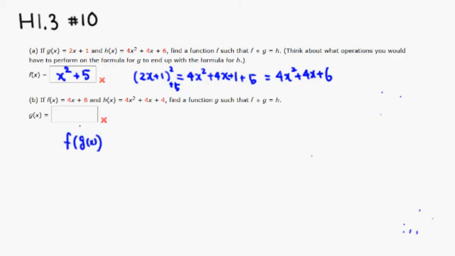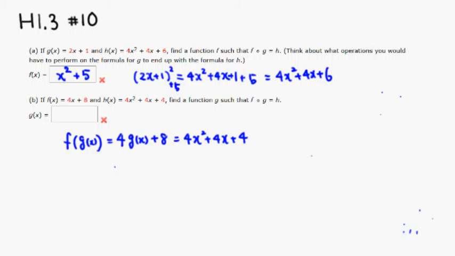Since we already know that f is 4x plus 8, it's going to be 4 times g of x plus 8. Then we want this to be 4x squared plus 4x plus 4. So we can easily find g of x.